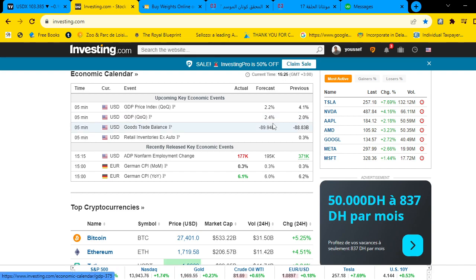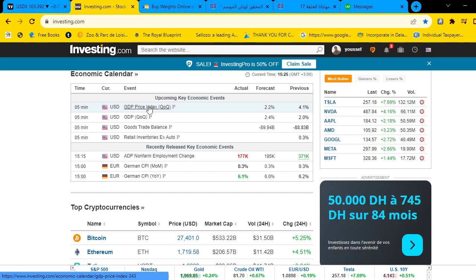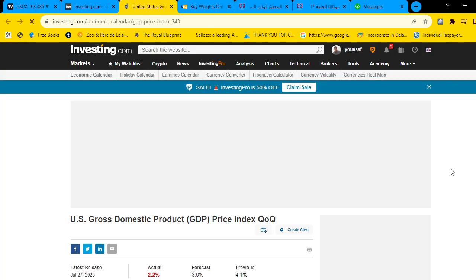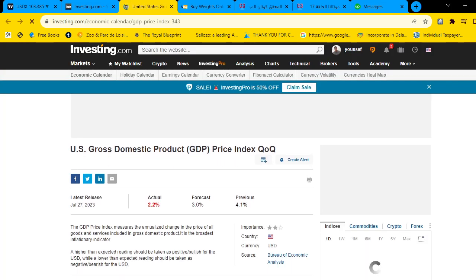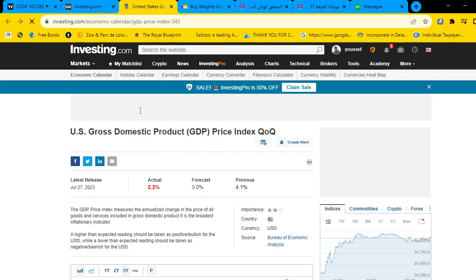Well, sometimes it's different from what you see here. Normally, this is the correct one, the most accurate one. But when you click on the title of the news release in the economic calendar, it gives you something else. So forecast 3%.